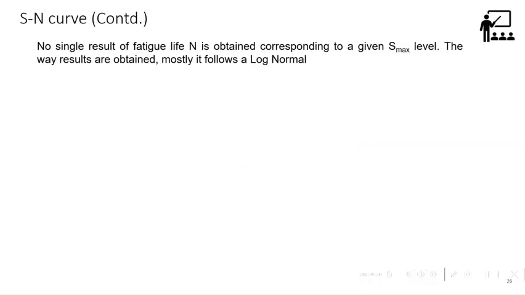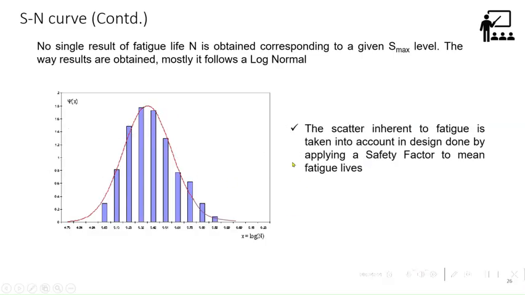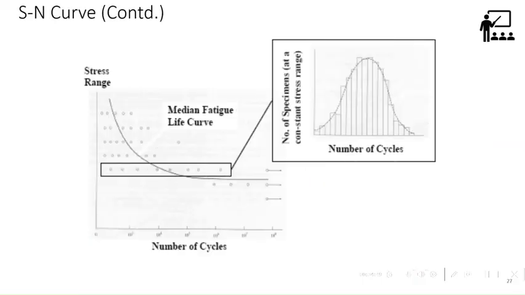And so no single result of fatigue life obtained corresponding to a given S max level will be constant. It always varies with log normal range, and to take it into account, you do include the scatter factor to take care of such variation. And this is the typical scatter one can see while generating a SN curve from the testing. See here we are showing y-axis range.